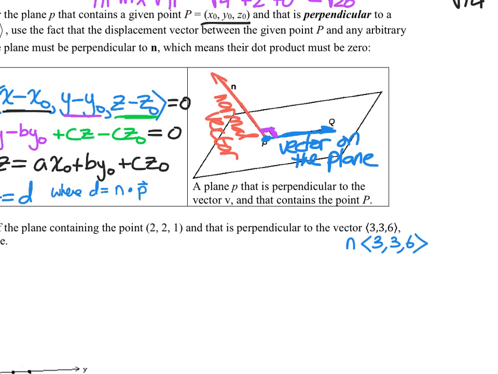If it's going through this point 2, 2, 1, that's going to be my point P 2, 2, 1. So I just need vector P, which is also 2, 2, 1. Then I need D, which is the dot product of N and P.